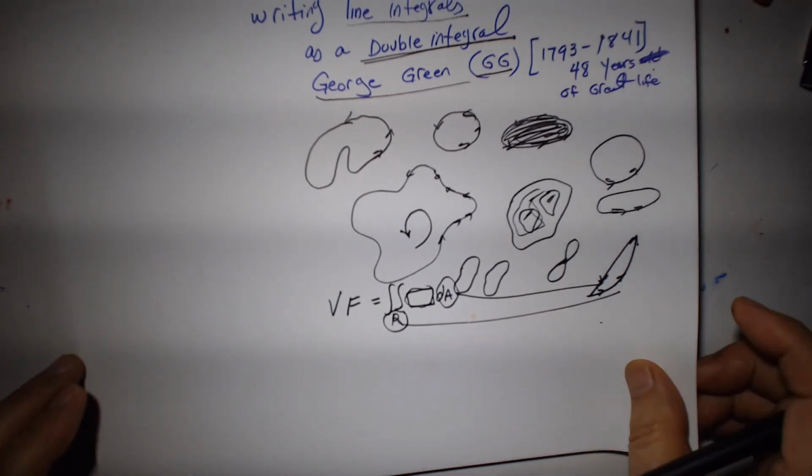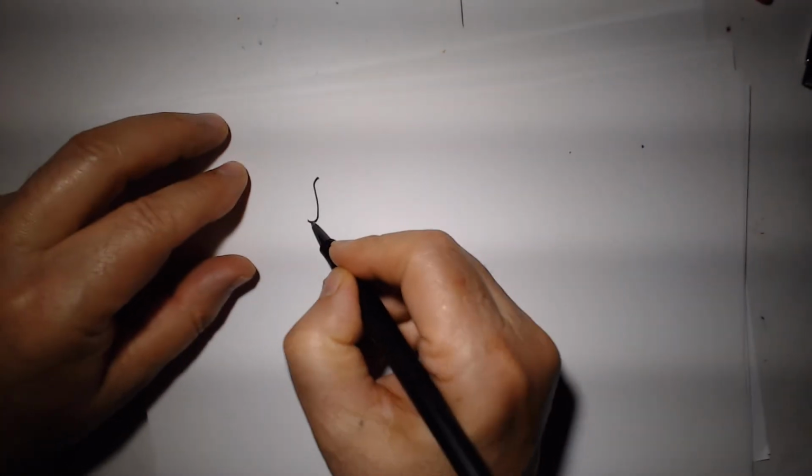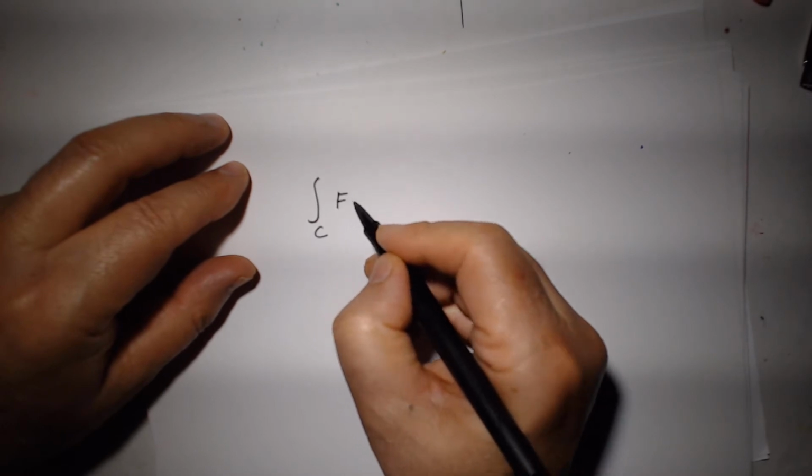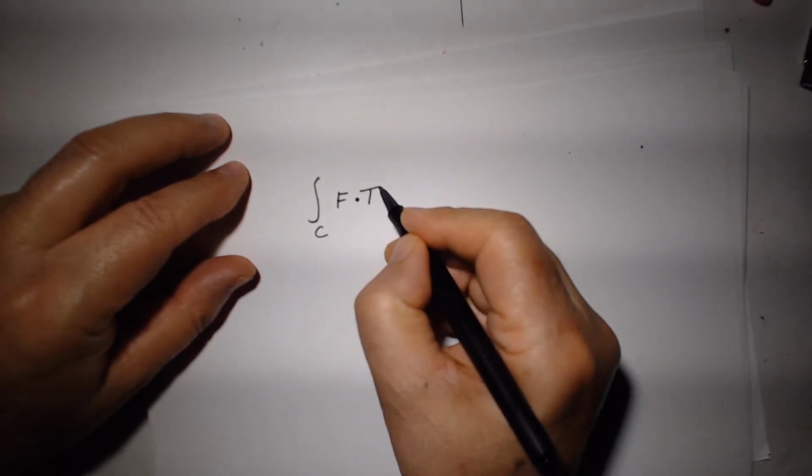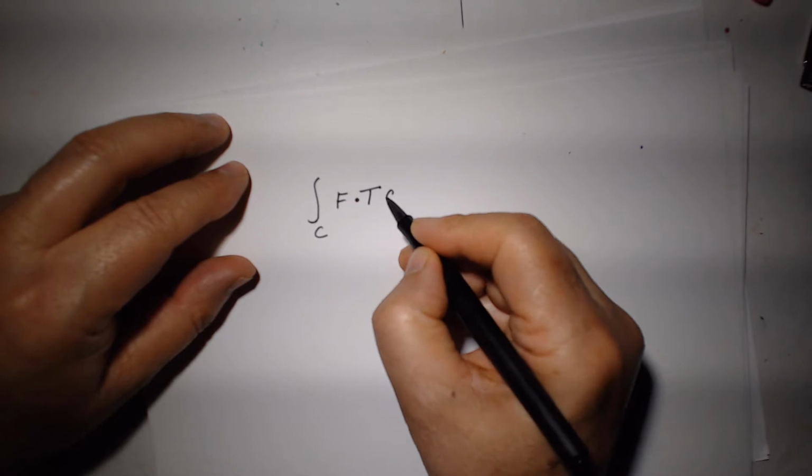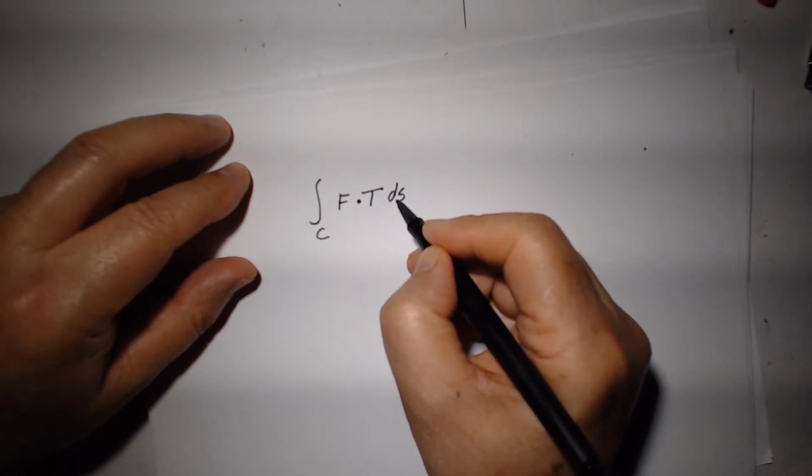Let's review the line integral. The line integral says if you have a vector field, you have to dot it with a unit tangent vector times the arc length.